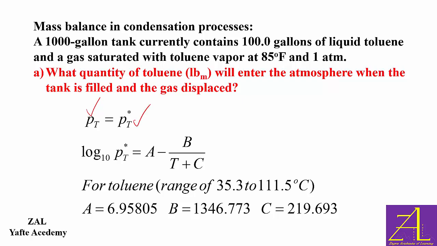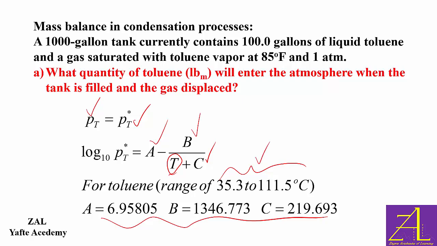In the Antoine equation, temperature is in degrees Celsius. And also, the parameters A, B, and C are read from the table. This equation, as the table says, is applicable within this range, and 85 degrees is well within this range.